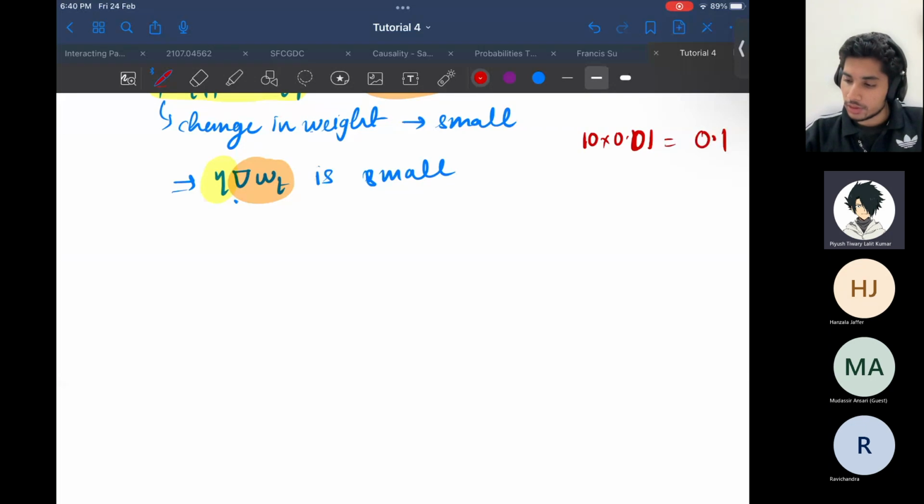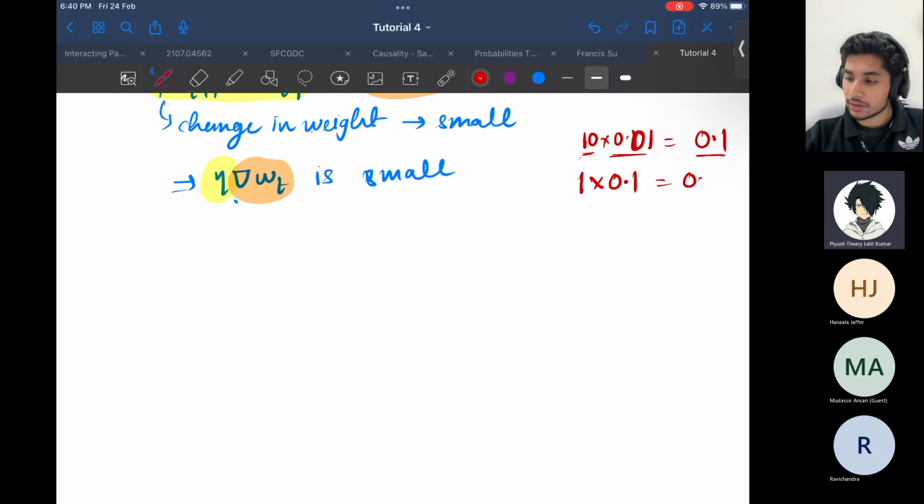So now the output is small. Here, why is it small? 10 was not small. However, the second term was small. So I hope you see my point that one of them was small. Or maybe 1 into 0.1 can also pop up.